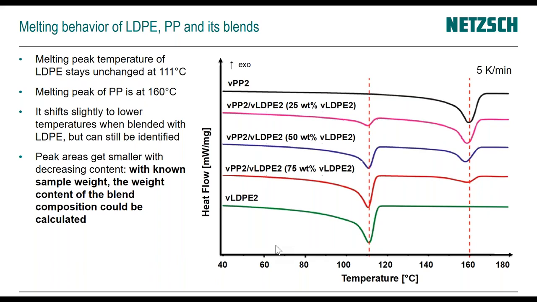processors working with regrind material, they do higher sampling rates, and they make sure they take it from different batches and different locations of the batch, for example, that they receive. They often, if they use DSC, use an auto sampler so that they can measure a lot of samples relatively quickly.